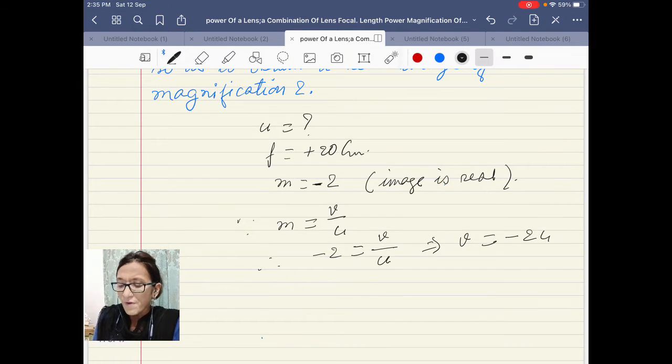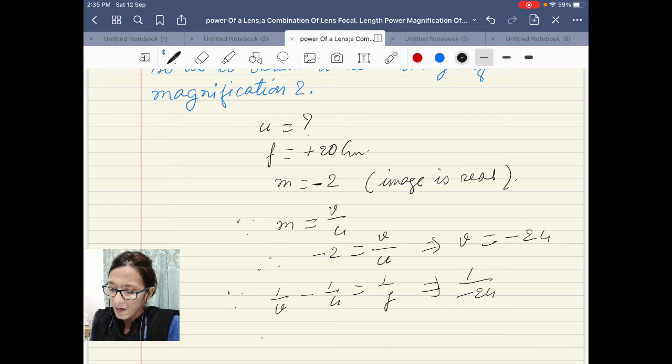Now we will put the value of v, f, everything in the formula of lens. Since we know that 1 by v minus 1 by u is equal to 1 by f, and therefore 1 by minus 2u minus 1 by u.